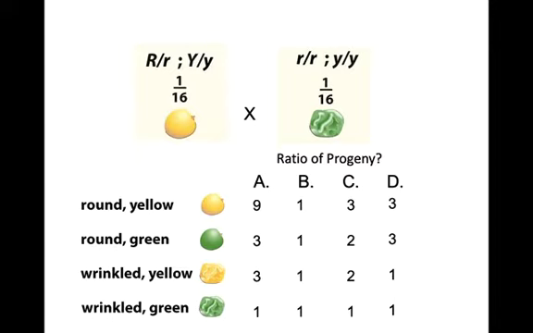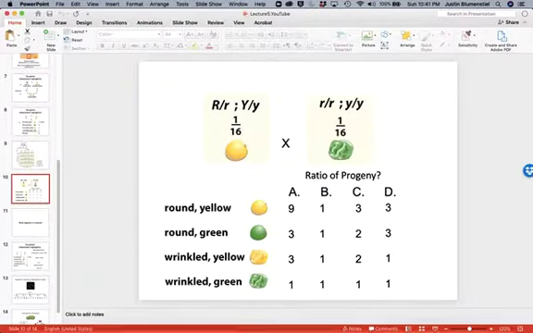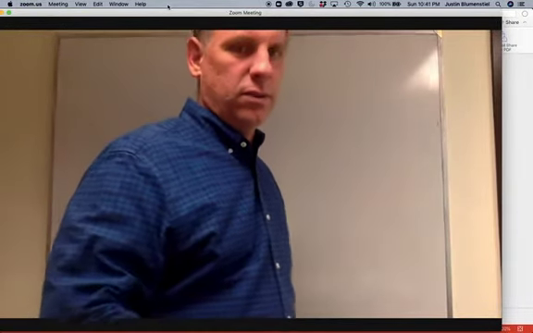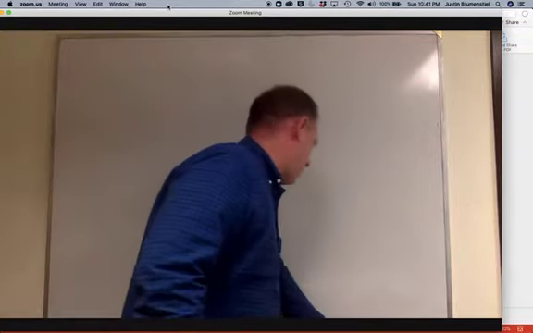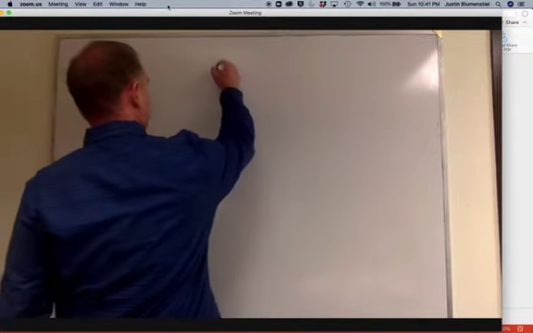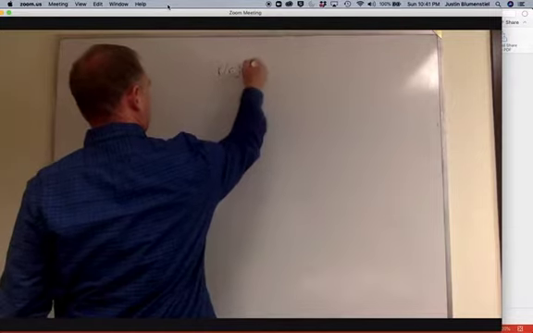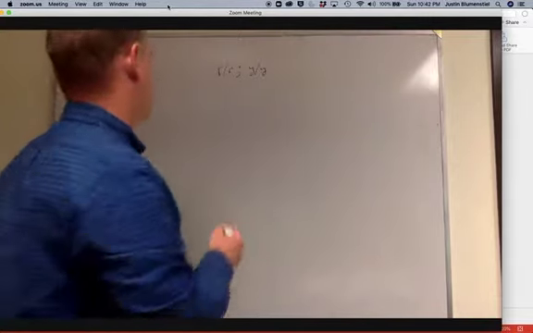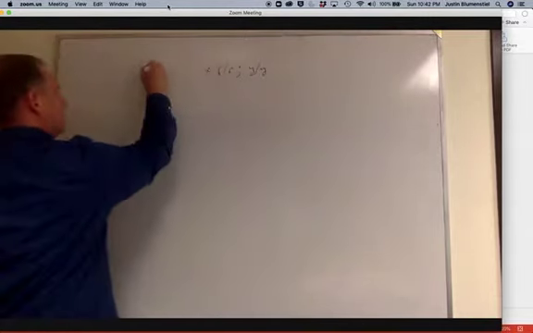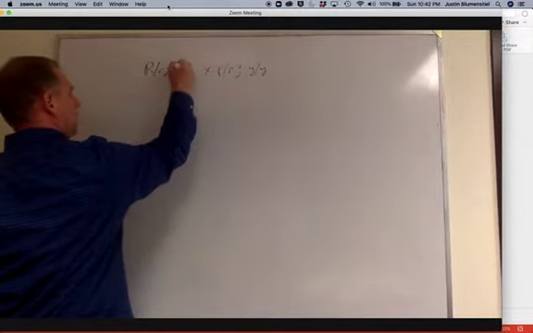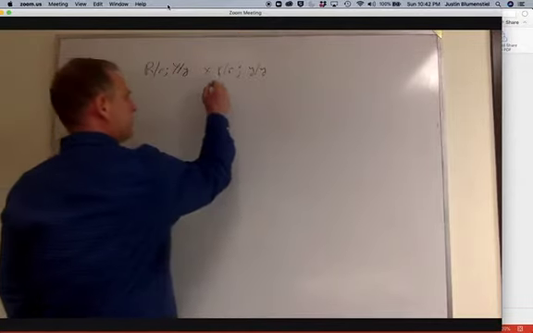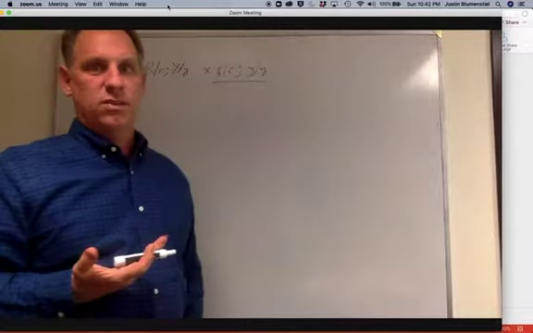Okay, now the way I would do that on the board is I would do that sort of thing that we call the Punnett rectangle, all right? In which, because this genotype, little r, little y, is being crossed with this genotype, this individual is only going to produce gametes of one type, all right?